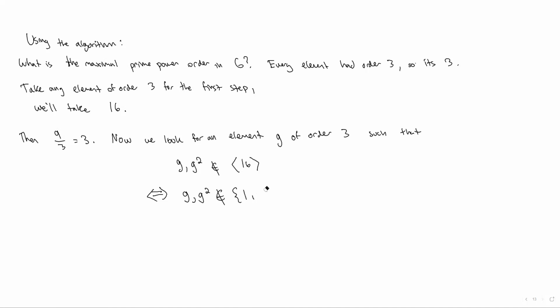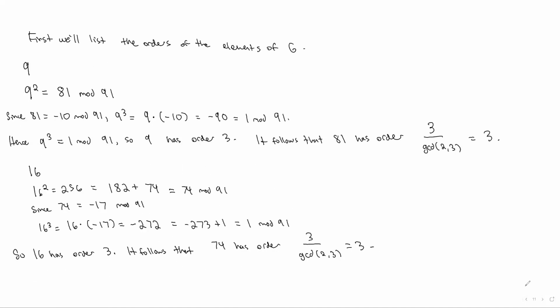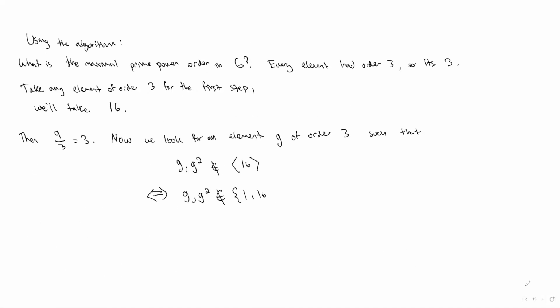Right. Let me just write the last element, 74. So the significance just tells us how many elements we have left in the product.